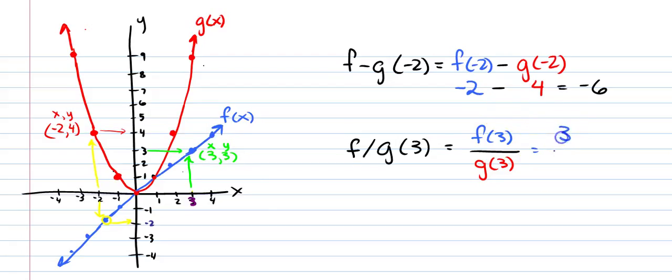So we get 3 in the numerator. When x is 3, g of x is 9. That's the point 3, 9. X, that's y, or g of x. When x is 3, g of 3 is 9. And that reduces to 1/3.